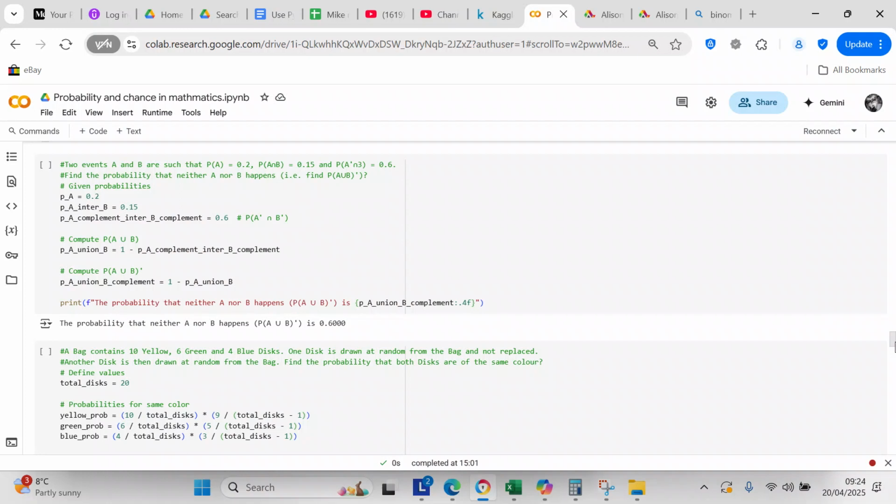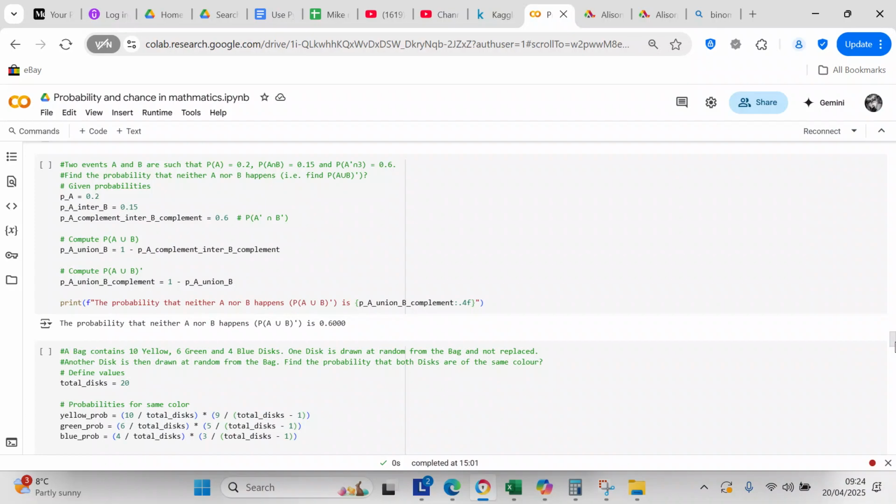So P(A) equals 0.2, P(A intersect B) equals 0.15, P(A complement intersect B complement) equals 0.6. Then we compute P(A union B) equals 1 minus P(A complement intersect B complement).